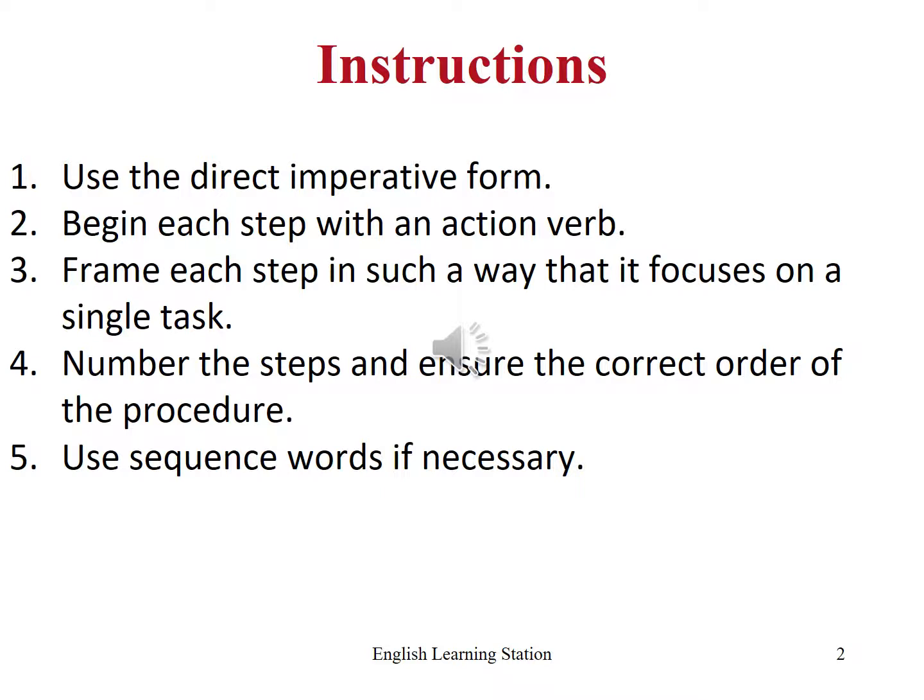And finally, as we move on, we could probably write instructions such as switch off the power supply immediately after completing the experiment. Arrange the apparatus in order after the experiment is over, because the last two instructions are those which are to be followed after we complete the experiment. So this is what we mean by ensuring the correct order of the procedure.